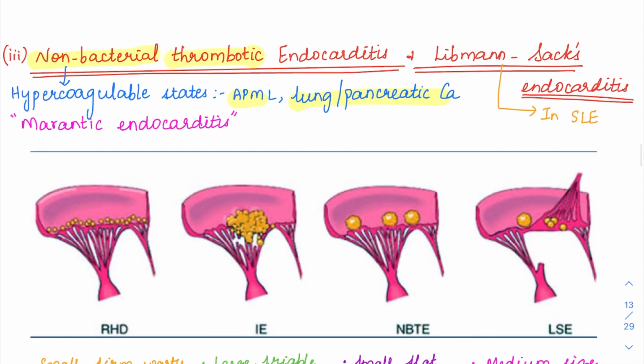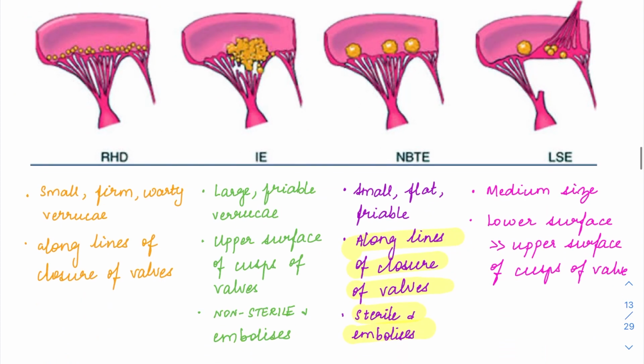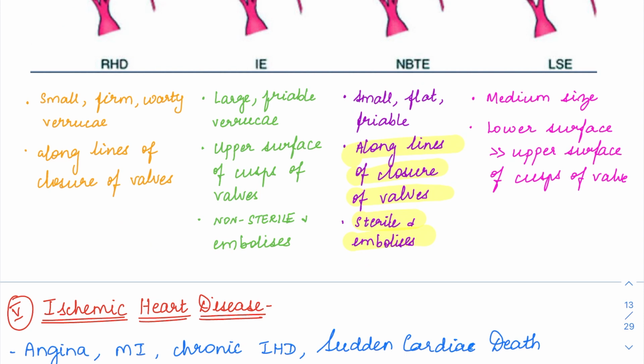Then Libman-Sacks endocarditis. If you put it in short form, it is LSE, right? It is going to be seen in SLE. If you jumble up these words, it will look like SLE. So Libman-Sacks endocarditis is present in SLE. And here the vegetations are going to be present on both the upper and lower surface of the cusps.